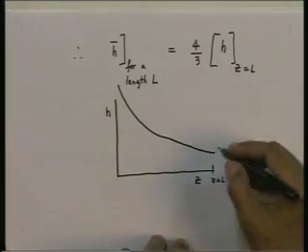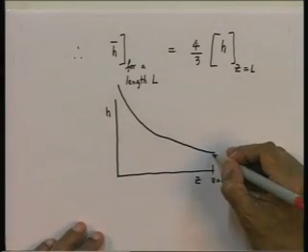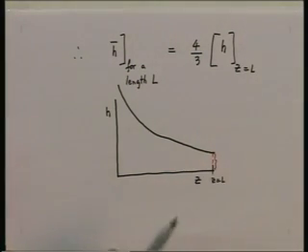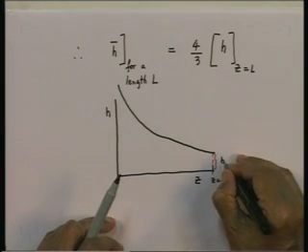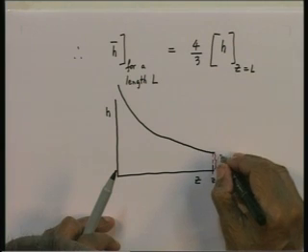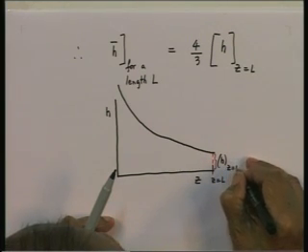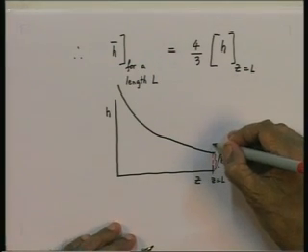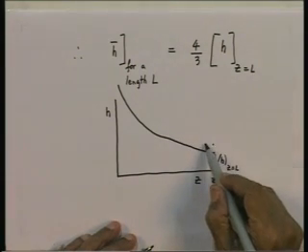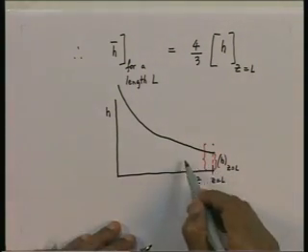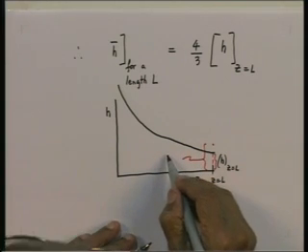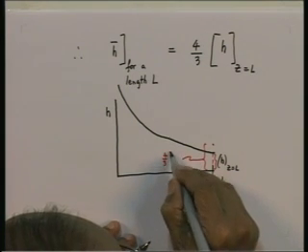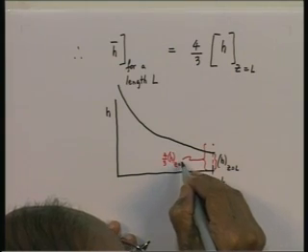Then what we are in effect saying is that if this is the value of h at z equal to L, and at this point I go up to 4 by 3 times this, so that this quantity is 4 by 3 into h at z equal to L.